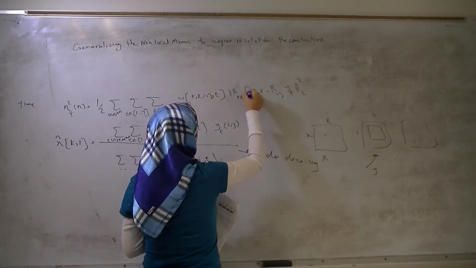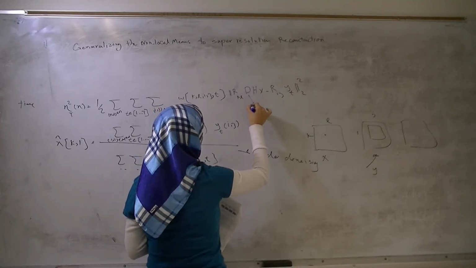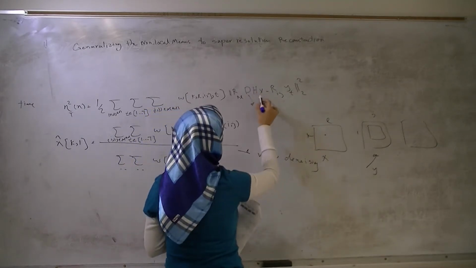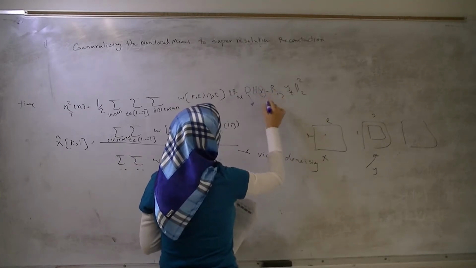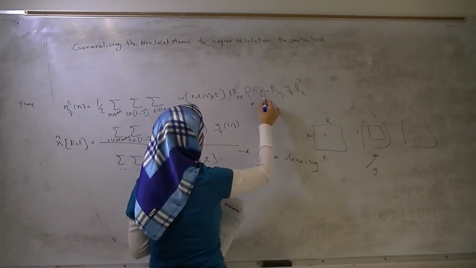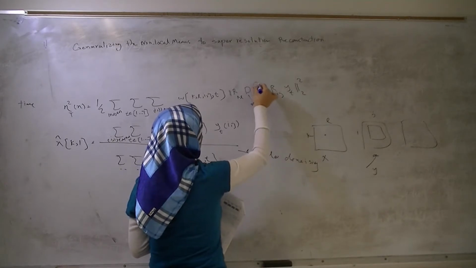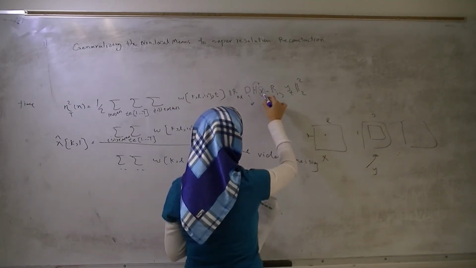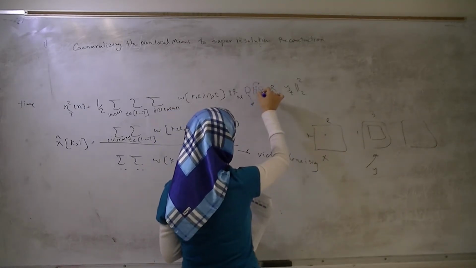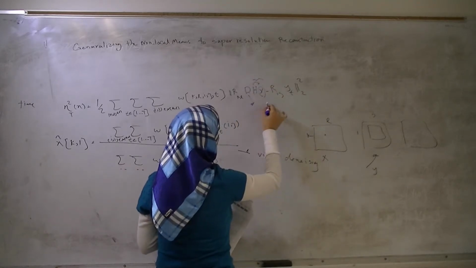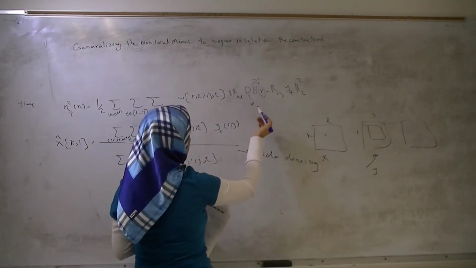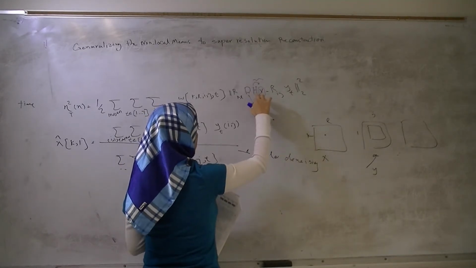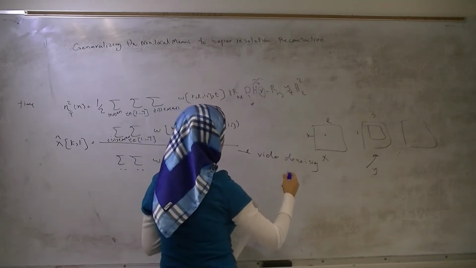So I should put a D and H. This one is a decimation operator, and this one is for blurring. Which means that if this one is our high resolution image, H applied on X is a blurry high resolution image, and if D is applied to this part, I have images that are degraded by blur and are also small, low resolution.